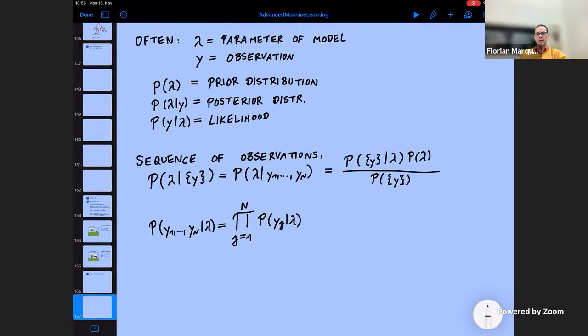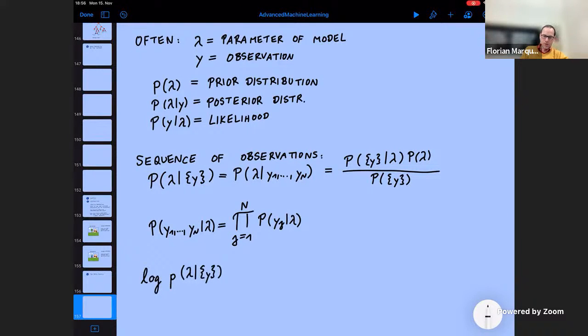Okay, so quick side note. You see that here I have a product. And so this product then also enters the right-hand side of the Bayes formula. And there's a nice way to express this product in a different way. Remember the entropy. If we apply the logarithm to a product, of course, we get the sum. And you can do the same here. So you would say log of p of lambda given y.